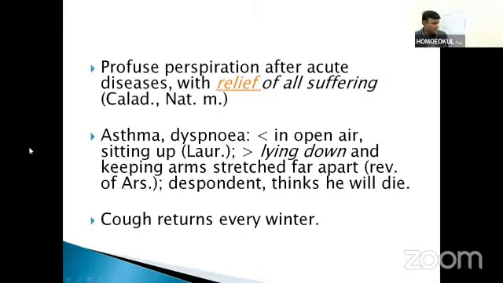Asthma, dyspnea worse in open air, sitting up, Laurocerasus. Listen carefully. Better lying down and keeping arms stretched far apart. So here asthma, better by lying down. This is Psorinum. Croup or croupy cough, better by lying down. This is Kali bichromicum.